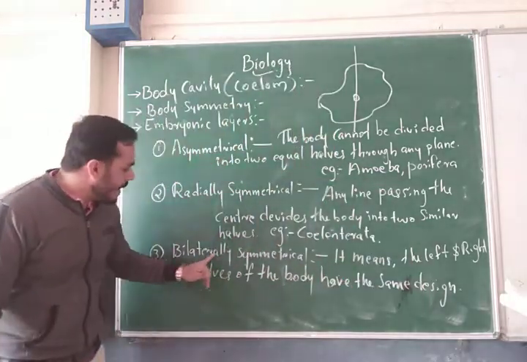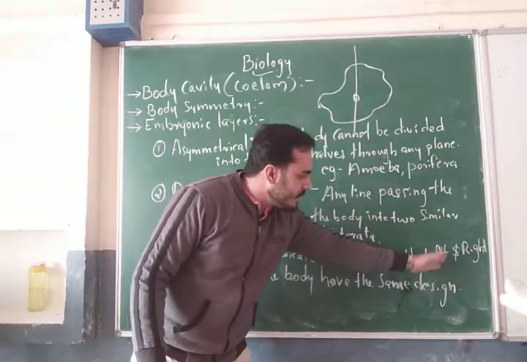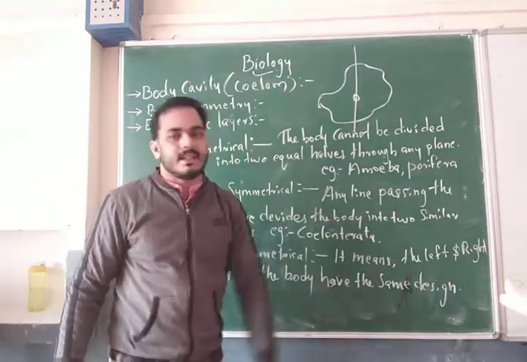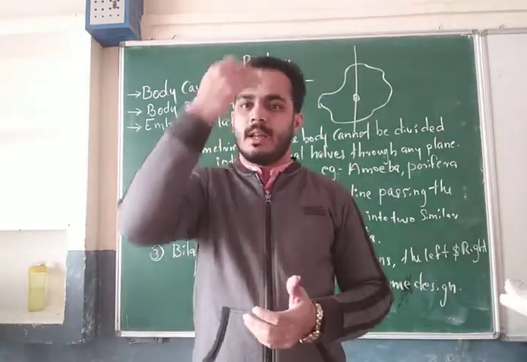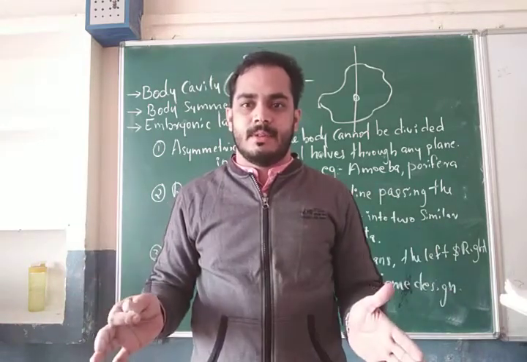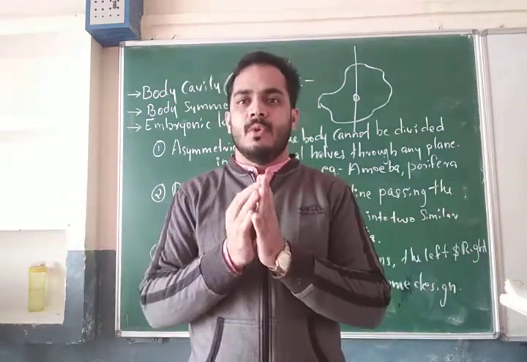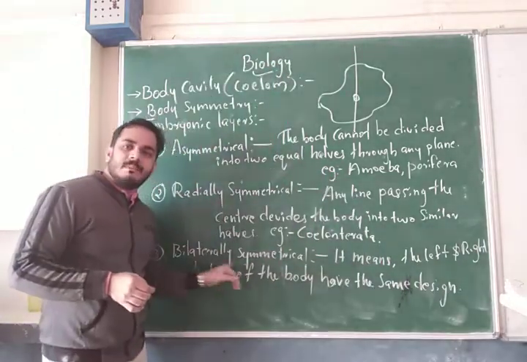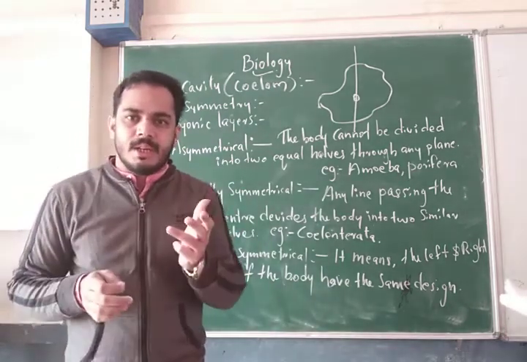And the last one, bilaterally symmetrical. It means the left and right halves of the body have the same design. For example, the human being: while cutting along the center axis, we get equal halves, the same design on the right and left side. This type of symmetry is called bilaterally symmetrical.